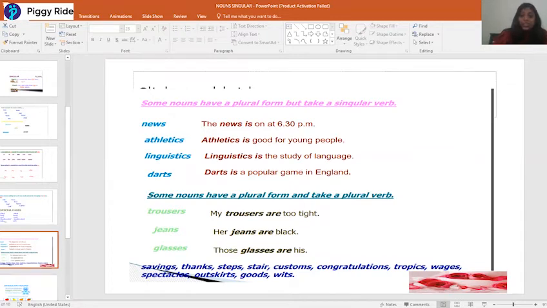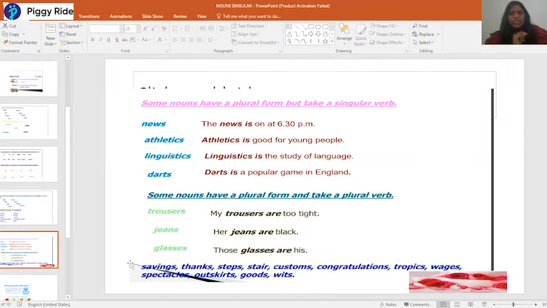So, towards the down, you can see there are too many words. Okay. Now, what we can do, we can make some good examples. Savings. My savings are zero in my bank account. Okay. Thanks.